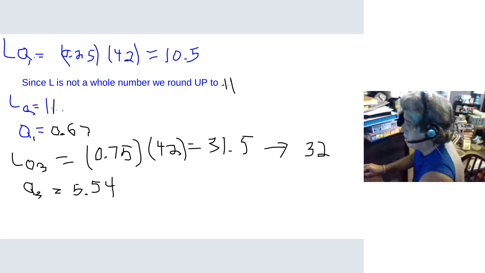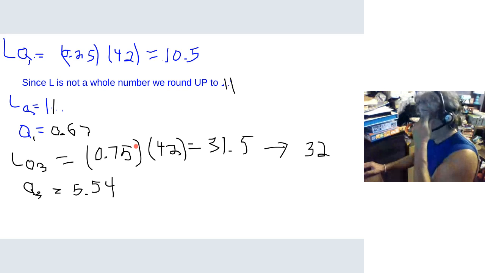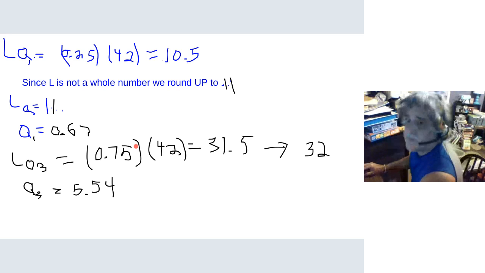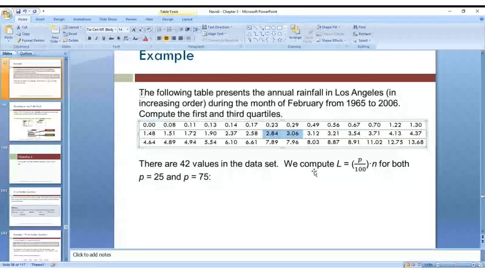All right, so the two middle ones are right here, the 2.84 and the 3.06.